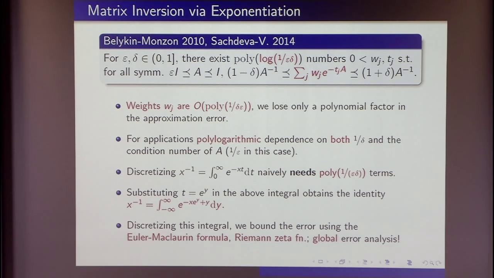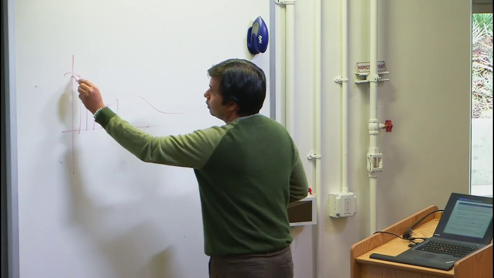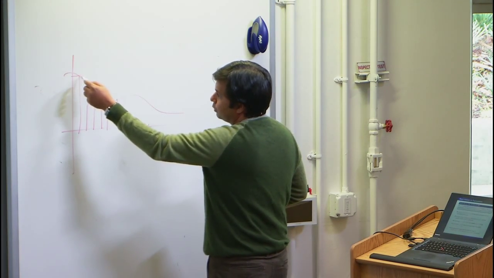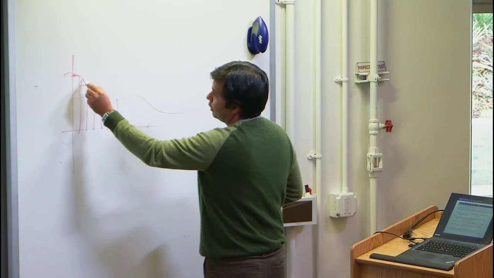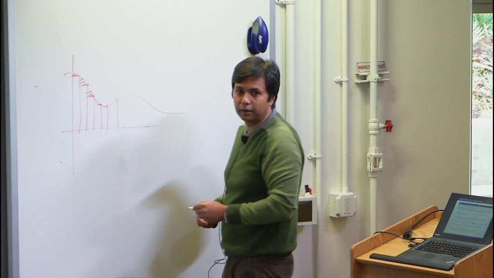So the traditional strategy when you do things like this is, you have a function whose integral you are trying to calculate. You chop it up, and then you could approximate this by rectangles, and then say, okay, upper bound the error here, upper bound the error here, upper bound the error here, and so on.